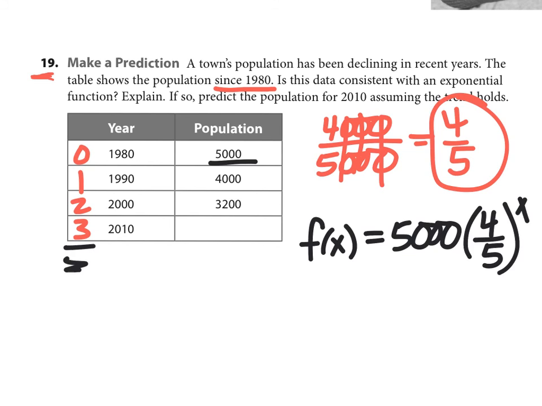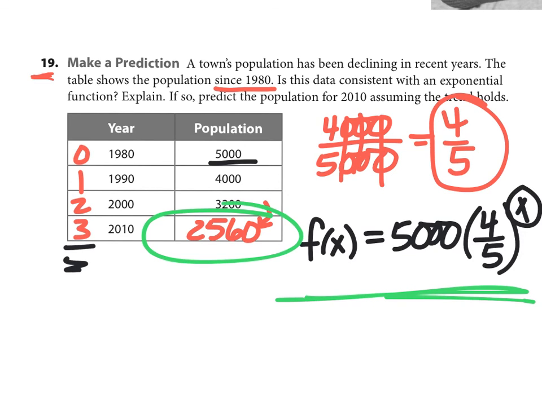X would be my third term, so all I'm going to do is put 3 in there, or in this case I could just go ahead and take 3,200 and multiply it times 4/5. And if I do that, I get 2,560. So here's my function that it asked me to write, and then there's my prediction for year 2010.